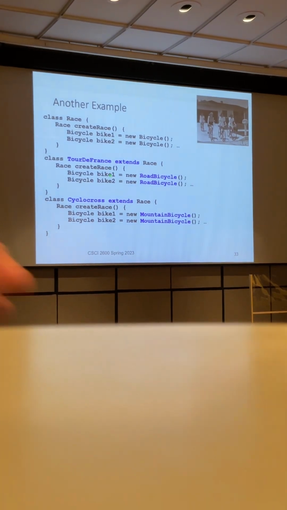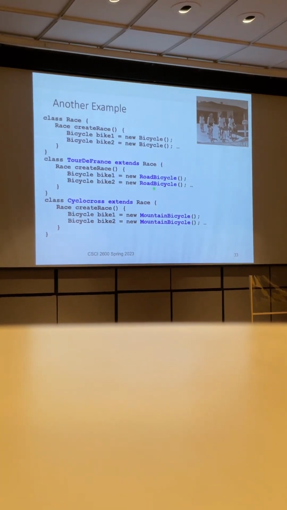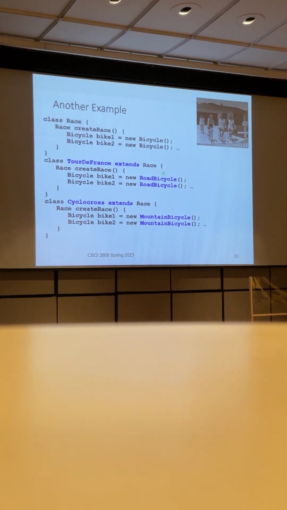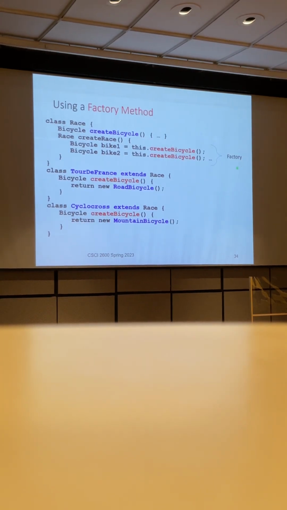The code is very similar. The only difference is the name of the actual bicycle class. So we want to do better than writing this create race 3 times. And what if we had 10 types of races? We don't want to write it 10 times. So let's see how a factory method can help us here.